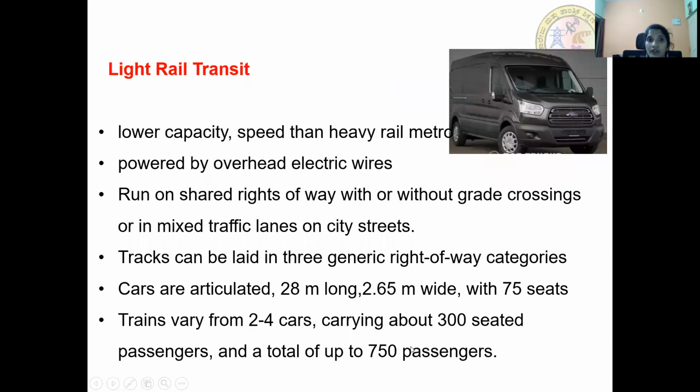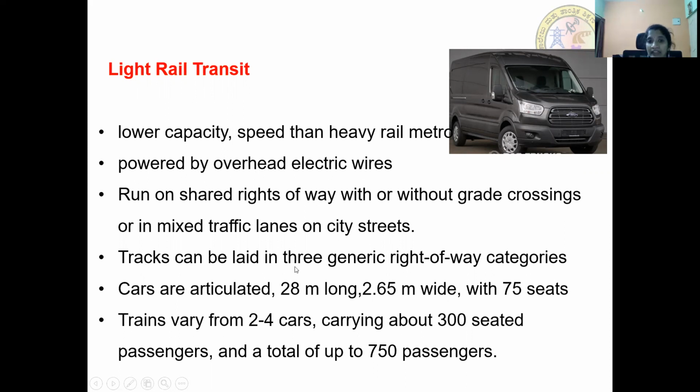Okay. So the next mode is light rail transit. This is a typical figure of light rail transit. It has a lower capacity and speed than heavy rail metro. It is powered by overhead electric wires. It runs on a shared right of way with or without grade crossings, or in mixed traffic lanes on city streets.